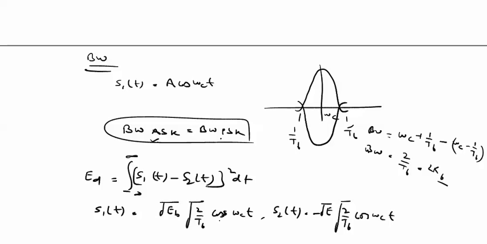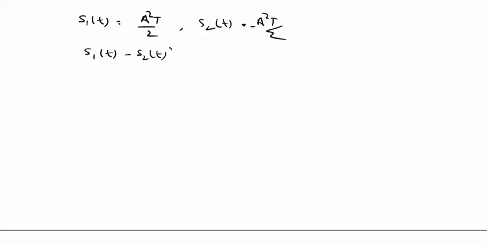The energy for both components we can calculate directly: S1(t) squared by 2, S2(t) squared by 2. S1(t) with negative sign, S1(t) or S2(t), take the square of it and integrate over this domain.